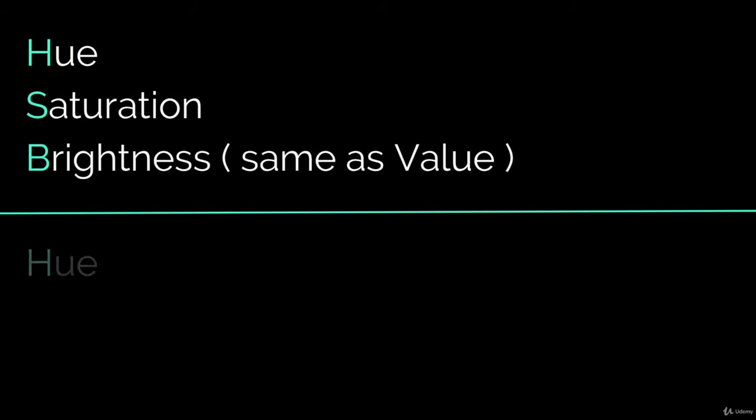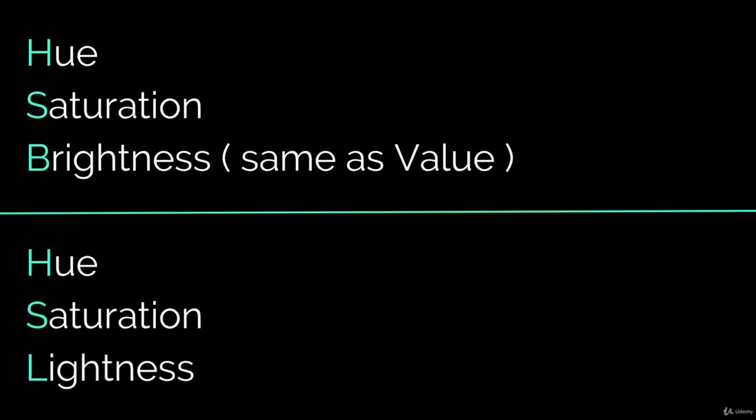Other common value wheel models are the hue saturation brightness and hue saturation lightness models. Brightness defines how much light an object is actually emitting, and lightness defines how light or dark the value is compared to other like objects.